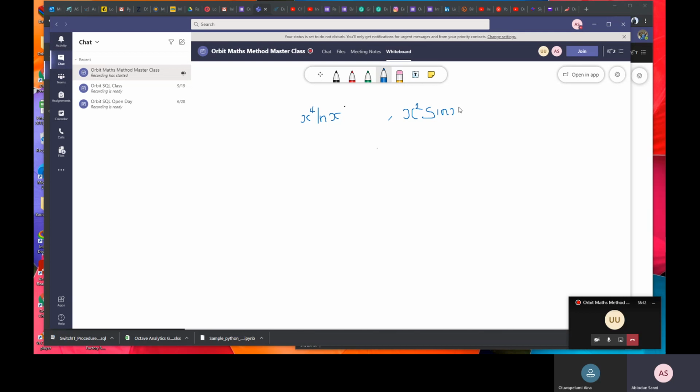Maybe this. I think x to the power 4 is too big. I'll waste much time. So let's say y is this guy. You can see I can separate it into u and v. My u is going to be x squared because I can easily keep differentiating it and it's going to terminate. And my v is going to be ln x.